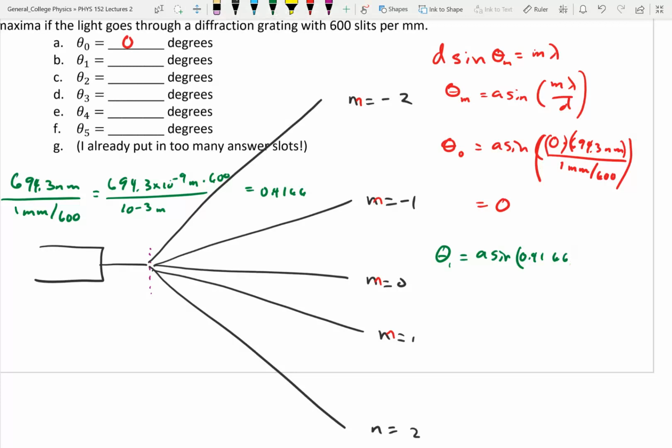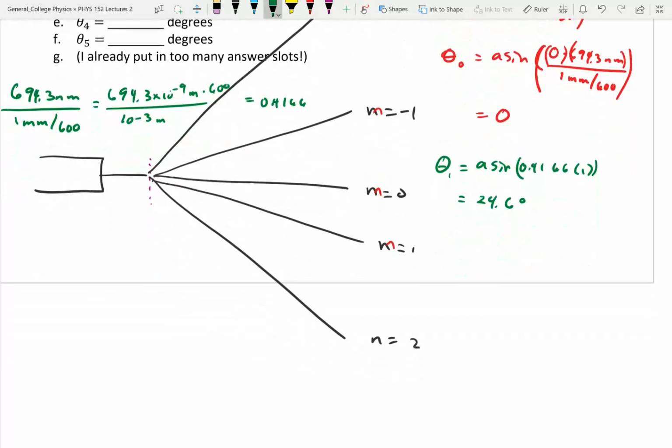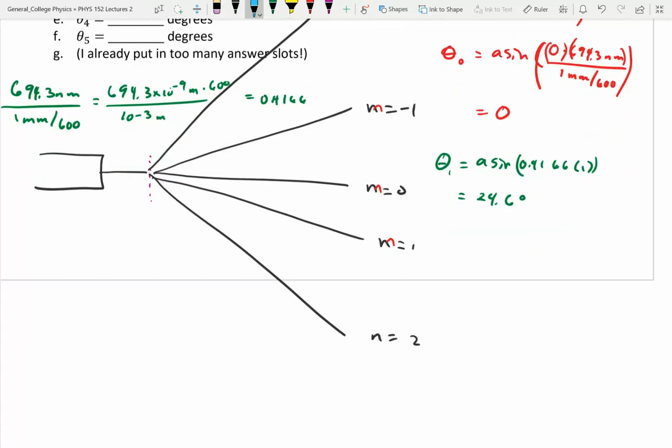And this was m equals 1, so times 1. And so that gives us 24.6 degrees. And then for m equals 2, that gives us 56.4 degrees.